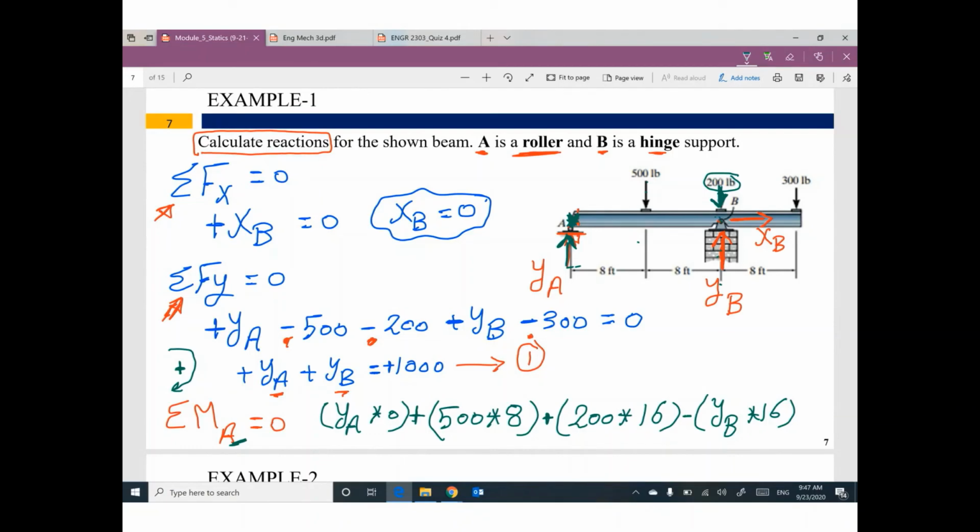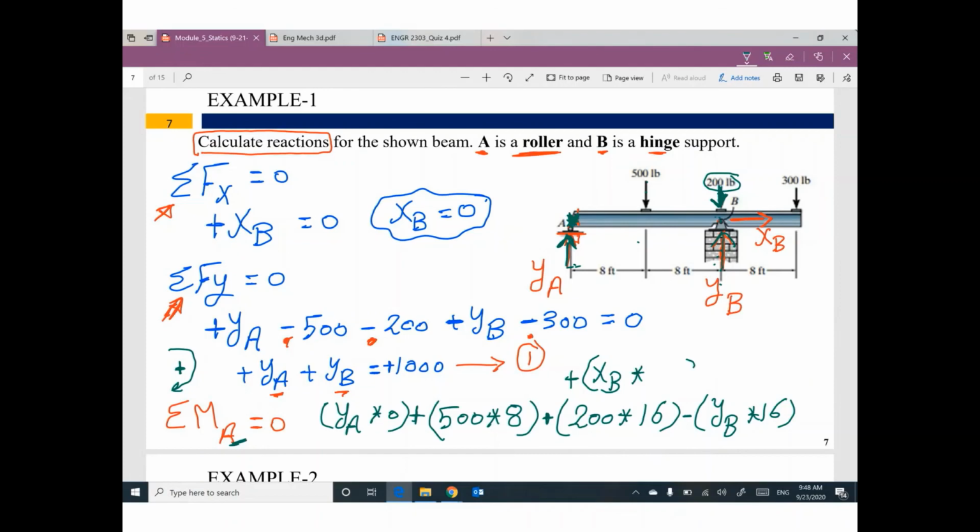Because YB going up, multiplied by 16, will rotate counterclockwise. So it's opposite to your assumption, so it will be negative. What else do you have? At the same point B, we have XB. So plus XB times what distance?